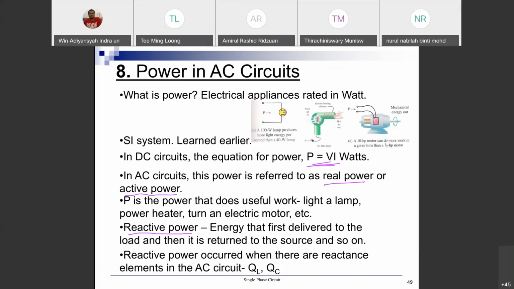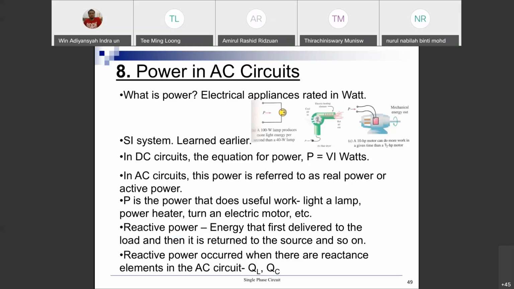Reactive power is energy that was delivered to the load and then it is returned to the source and so on. So it goes back and forth between the load and the source because of these two components, L and C, inductor and capacitor. The reactive power for inductor is QL, the reactive power for capacitor is QC.